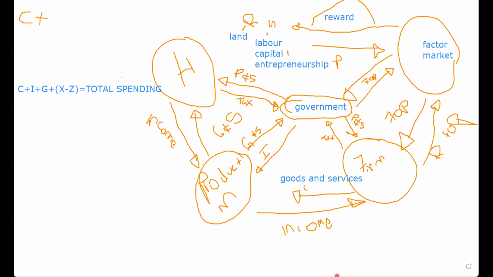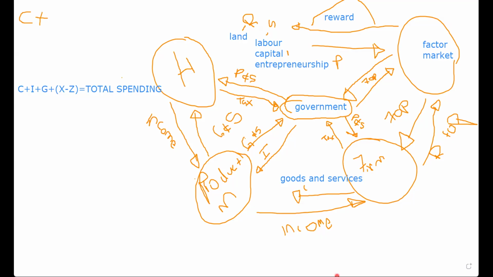And also even here when the factor market sells the factors of production to the firms, it is regarded as expenditure from the firm's side to the factor market because they are spending their income which they've received from the goods market to pay for the factors of production.